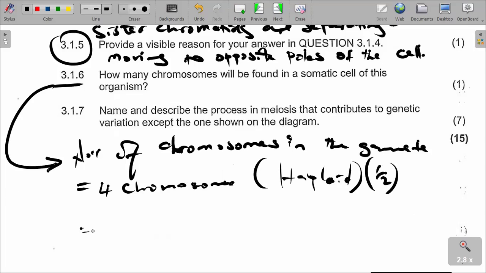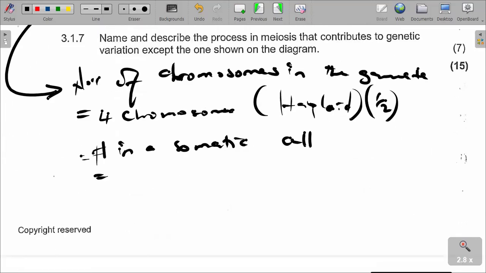What we need to understand is that the number of chromosomes in a somatic cell is 2n, which is also called diploid. I'm sure you remember that 2n is where n represents the number of chromosomes.